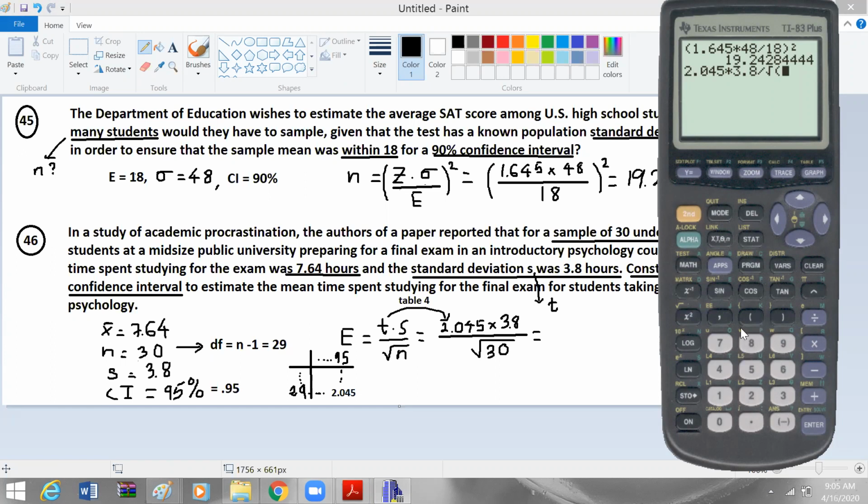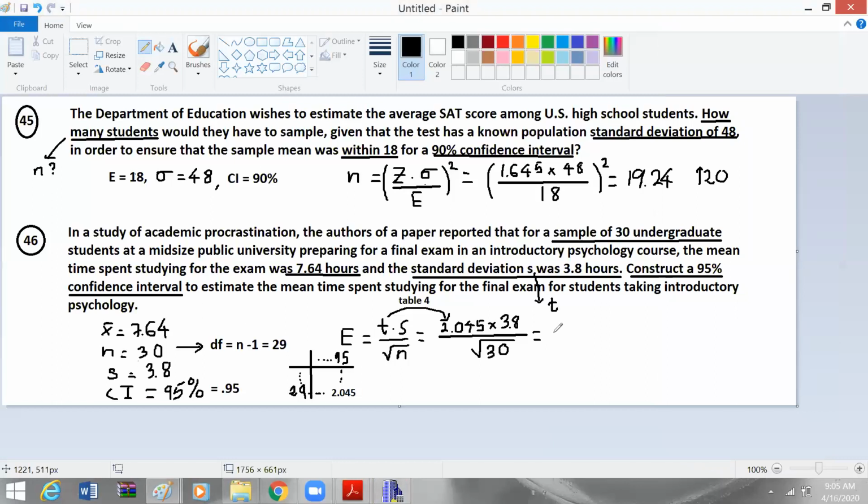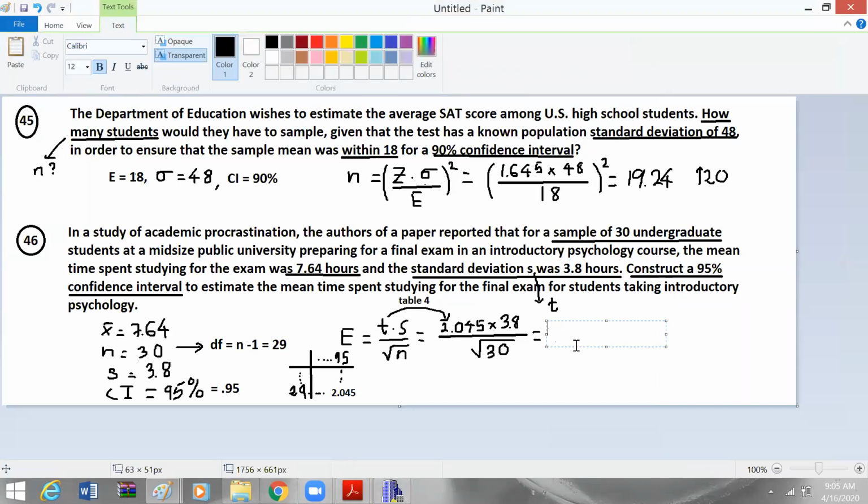Then you put in 30, close parentheses, and hit enter. The answer for that is 1.418, or 1.42, it doesn't matter which one. You write down 1.42. So the error bound is 1.42.